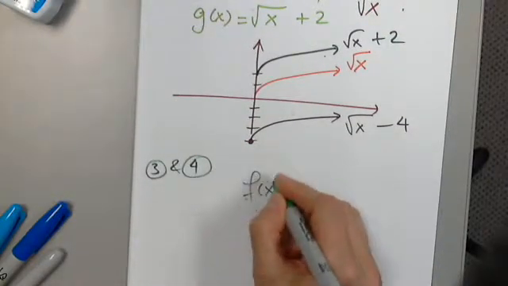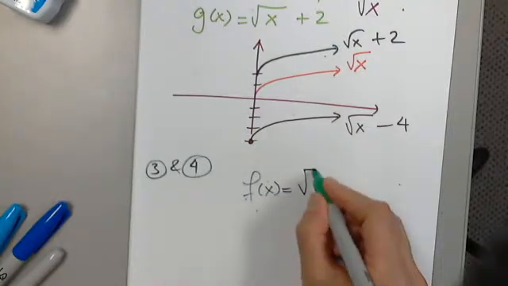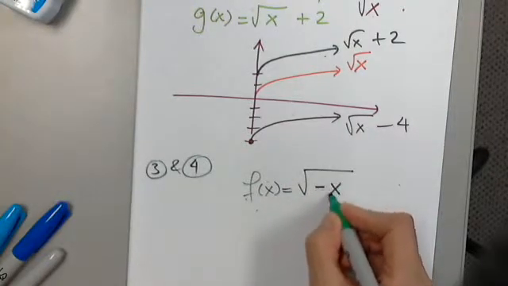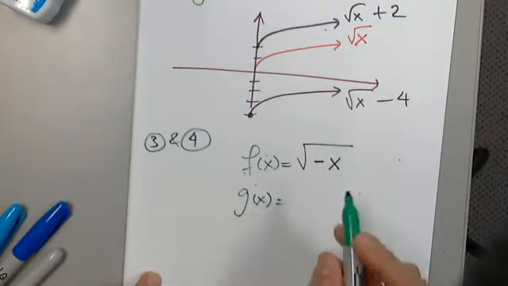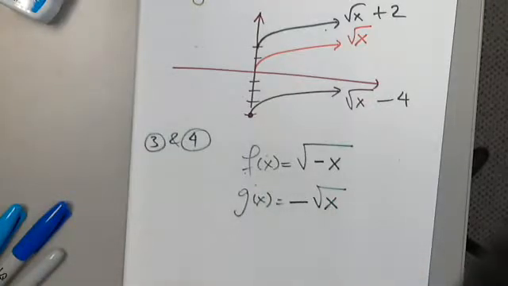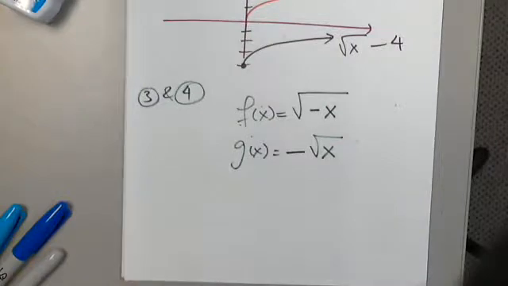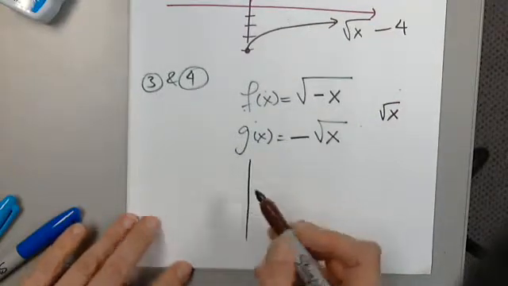Okay, here's f of x equals the square root of negative x, and g of x, which is negative the square root of x. Which function did we use this time? We did use the square root of x. Perfect. I'm going to graph it right away.